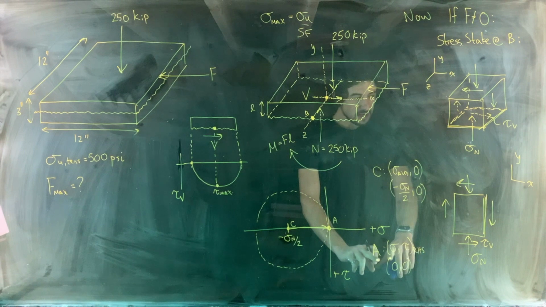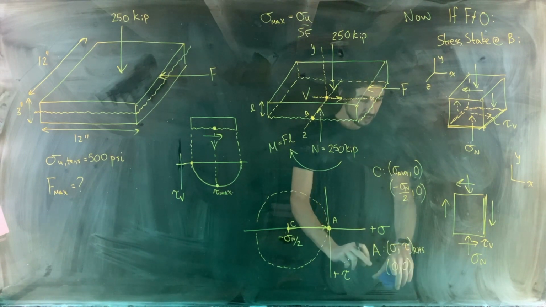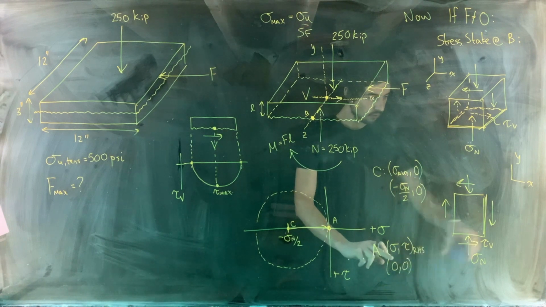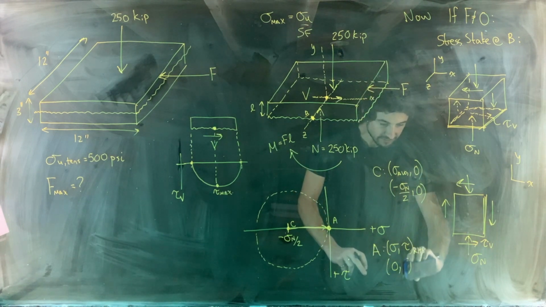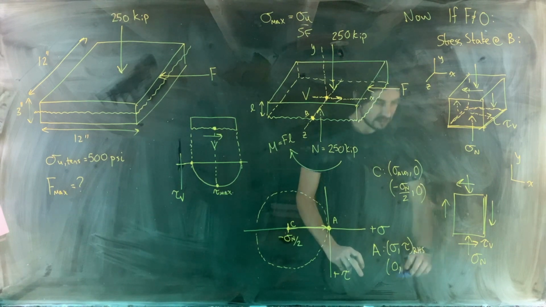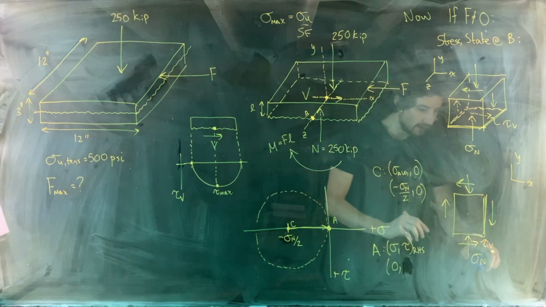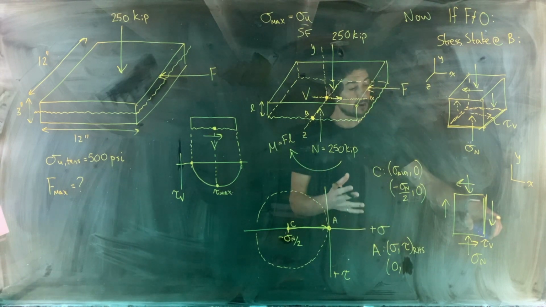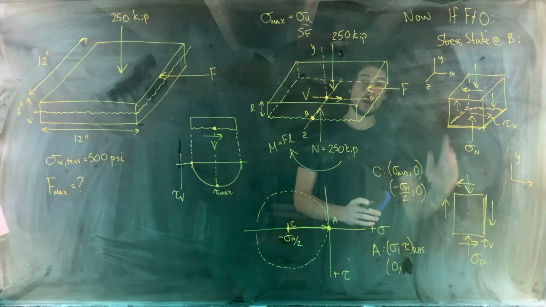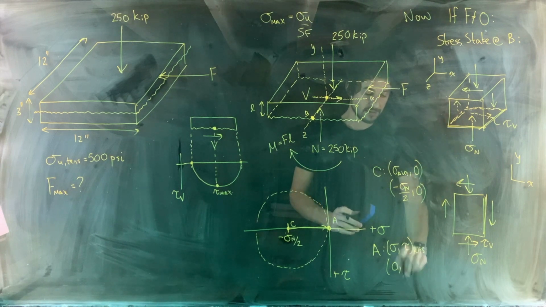But point A has changed now. So point A, we've still got 0 for the normal stress on the right-hand side, but the shear stress on the right-hand side is now this value tau V, and because we define positive shear stresses as acting upward on the right-hand side, this is a negative here.